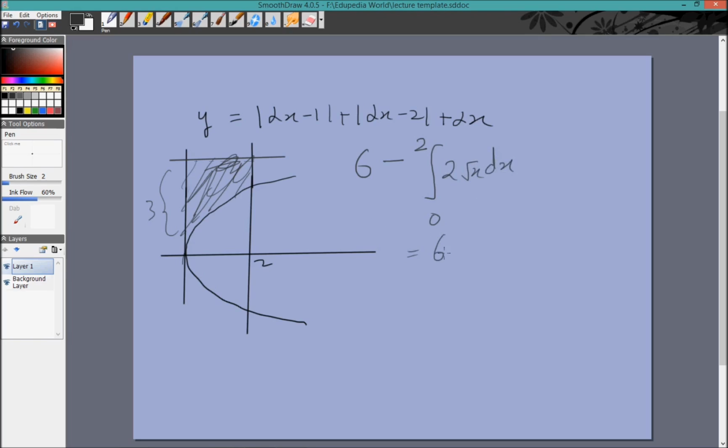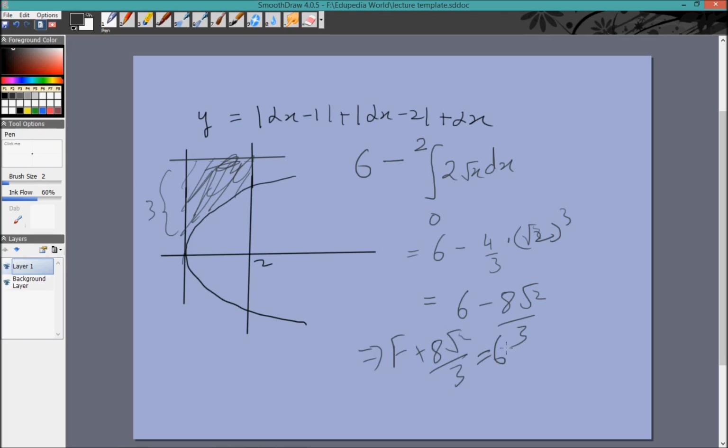That becomes 6 minus, x to the power half will be x to the power 3 by 2 by 3 by 2, so 4 by 3 into x to the power 3 by 2. 2 to the power 3 by 2, that is root 2 whole cube. So that gives me 6 minus 8 root 2 by 3. That means f plus 8 root 2 by 3 is equal to 6. This 6 is the answer for alpha is equal to 0.